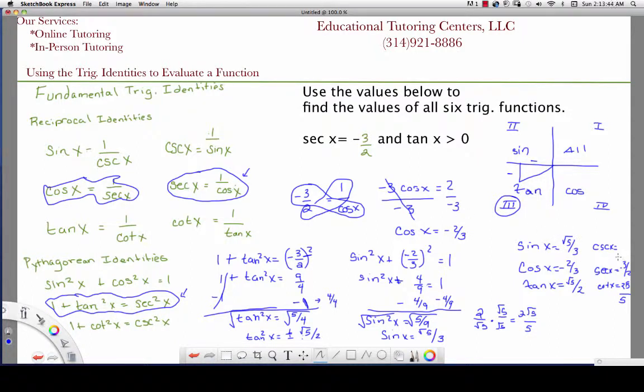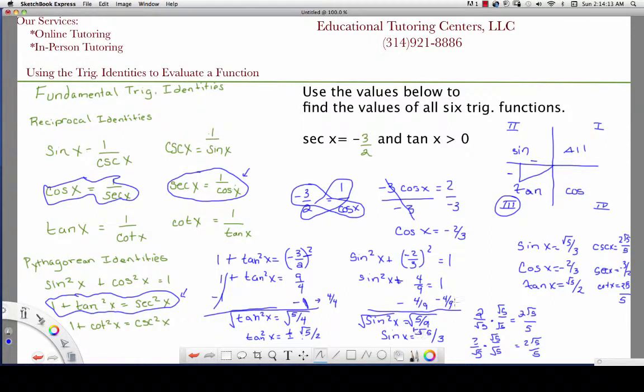And the cosecant is the inverse of that, which is 3 over square root of 5. And rationalizing the denominator, I would get 3 square root of 5 over 5 for my cosecant, and that is the plus or minus of it.